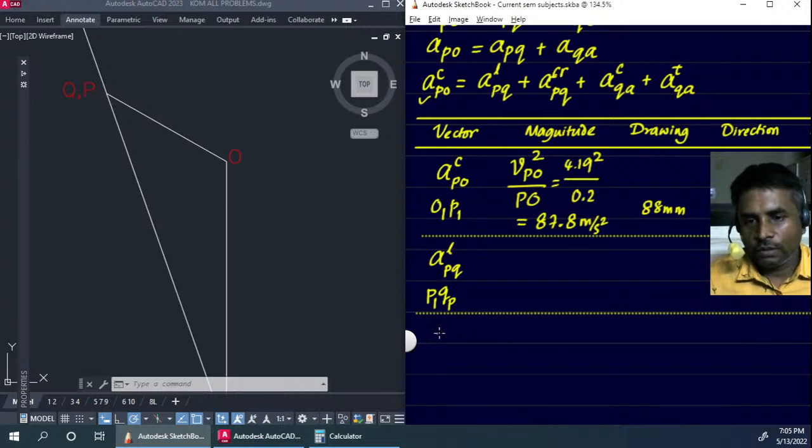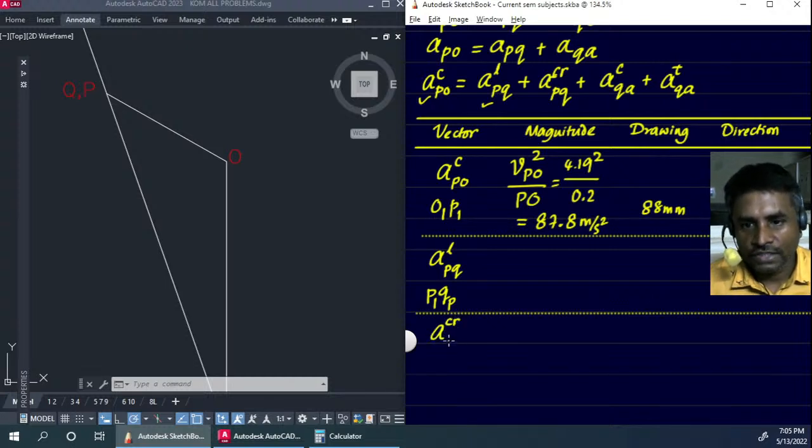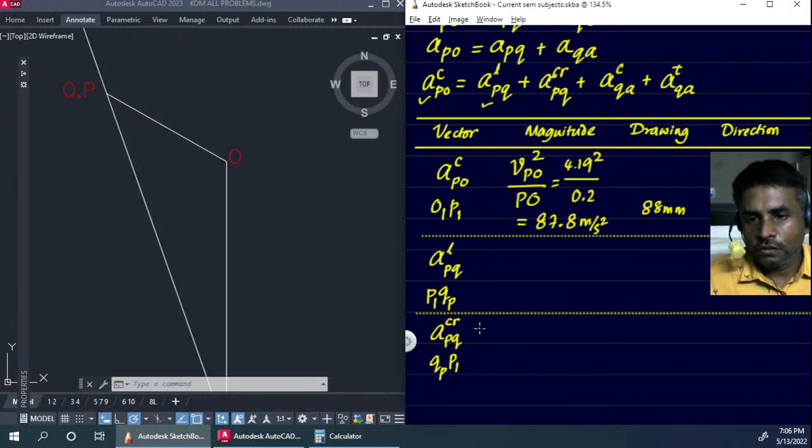Let's go ahead and see what is the next acceleration. So this is over. Let's take this one. The next acceleration is the Coriolis component of the acceleration for P with respect to Q. Now in the acceleration diagram, we'll be representing this from QP. We will start and we will end up at the final point, that is P dash, or P1. So this is the Coriolis component.